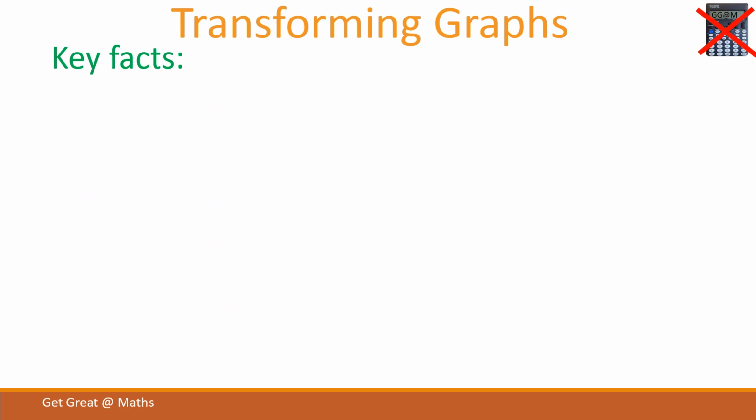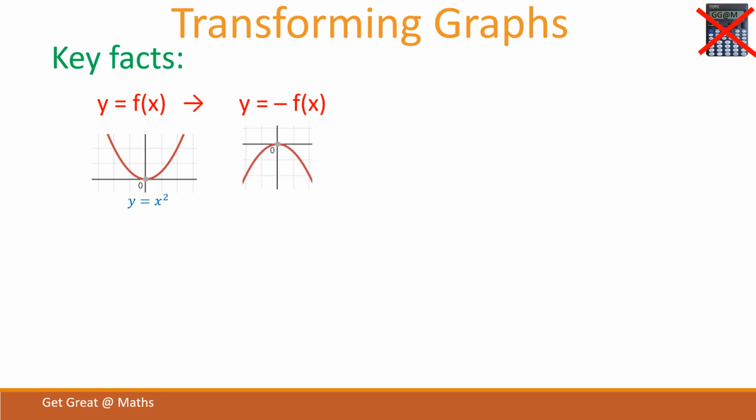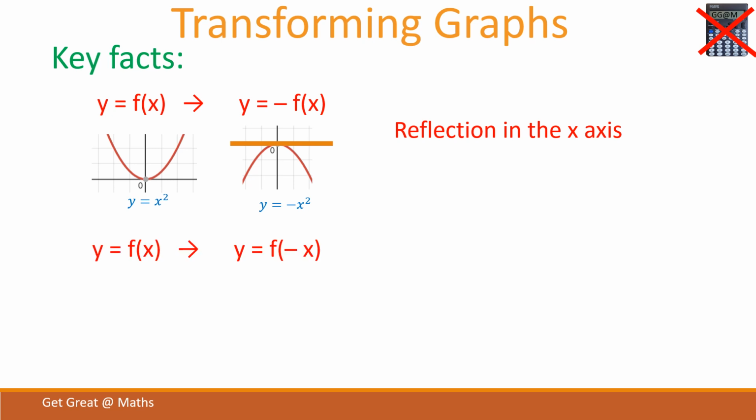The next two transformations I'm going to look at involve negatives. If I've got y equals f of x goes to y equals minus f of x, then thinking of the graph of y equals x squared again, the minus in front of it gives me y equals minus x squared, which is a sad face graph, and it has been reflected in the x-axis. So this is a reflection in the x-axis if the minus is in front of the f of x.